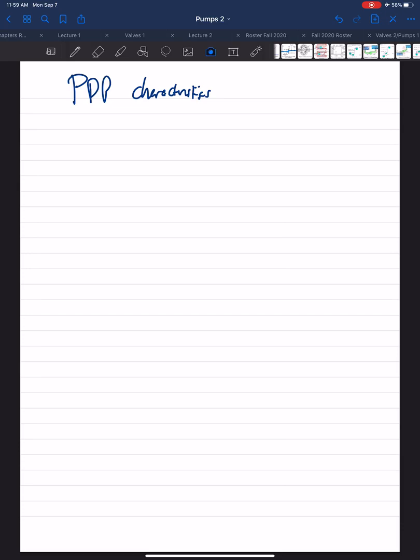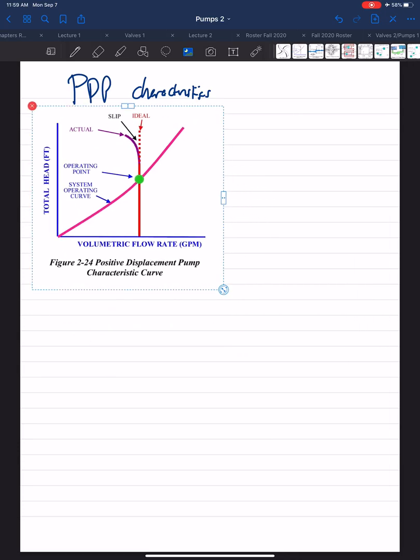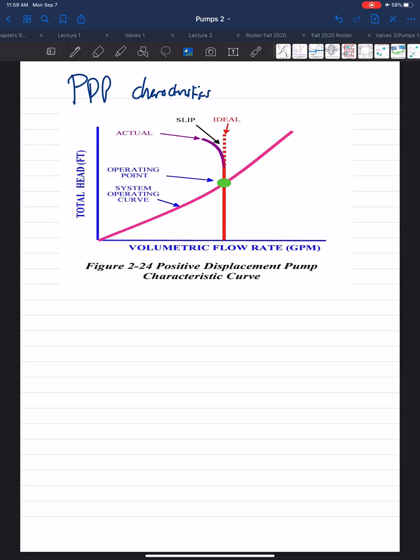Characteristics of positive displacement pumps. So this is a pump curve for a positive displacement pump.